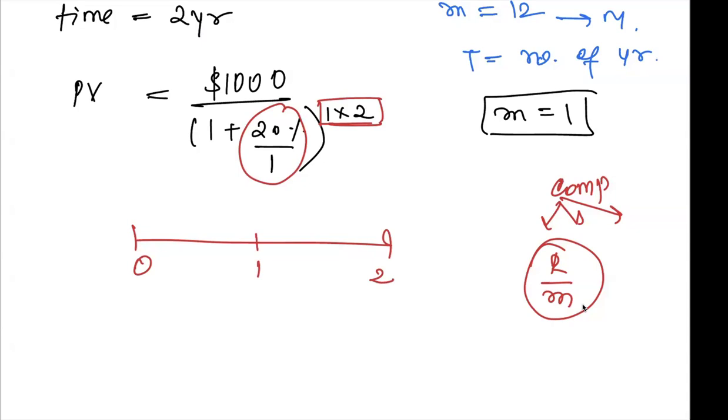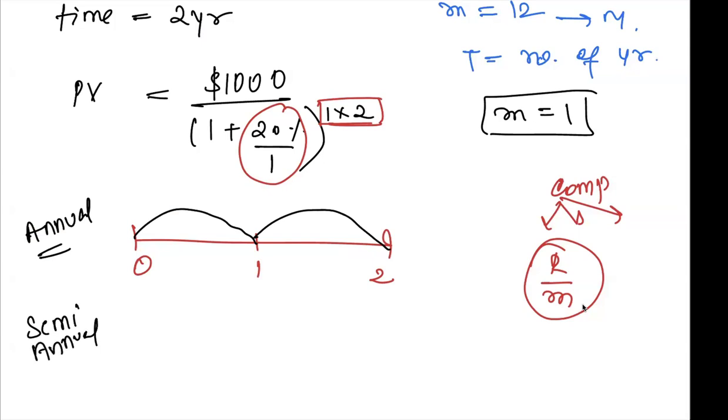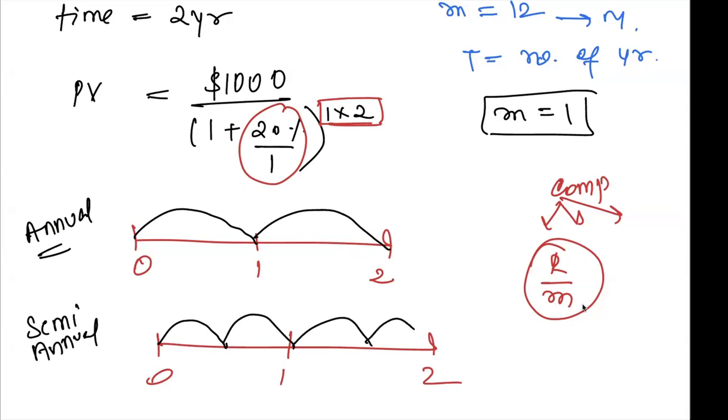Okay, let's say we have annual compounding. What does this mean? This and this. If we have semi-annual compounding, what does this mean? 0, 1, 2. Semi-annual means 2 times in a year, right?